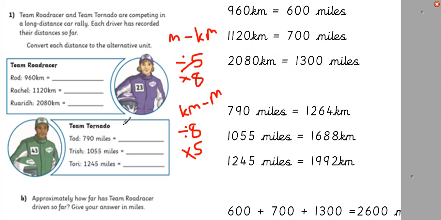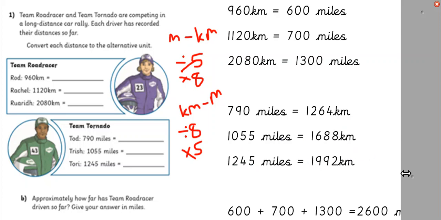On Team Tornado, Todd has driven 790 miles, which is approximately 1,264 kilometres. Trish has driven 1,055 miles, which is approximately 1,688 kilometres. And Tori has driven 1,245 miles, which is approximately 1,992 kilometres.